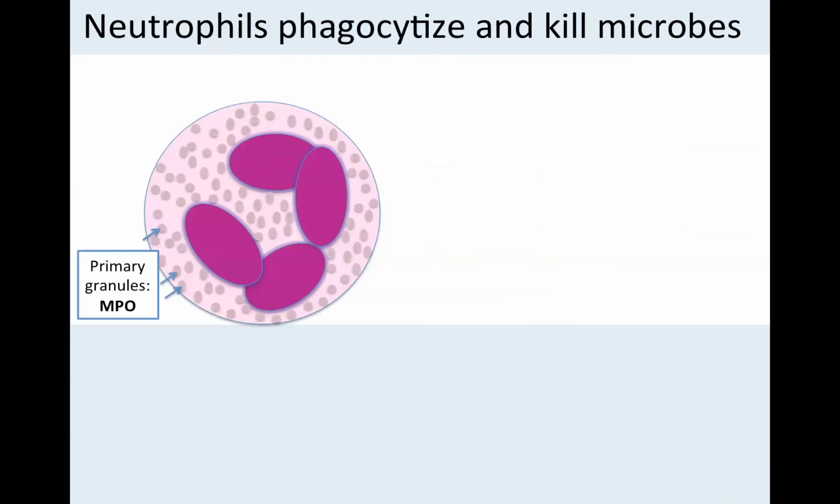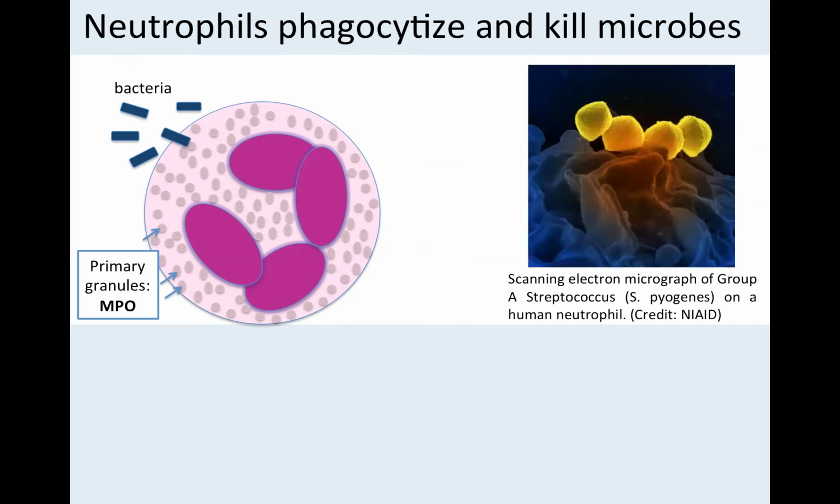So neutrophils will have primarily granules with myeloperoxidase, and they can phagocytose the bacteria, just like here on this scan. The bacteria are on top of the neutrophil and they are internalized.